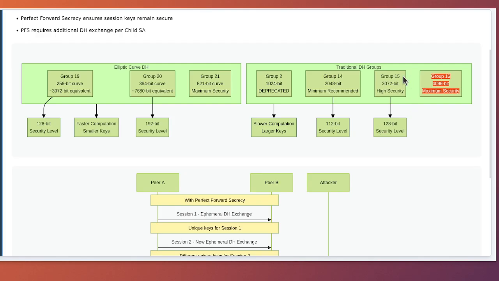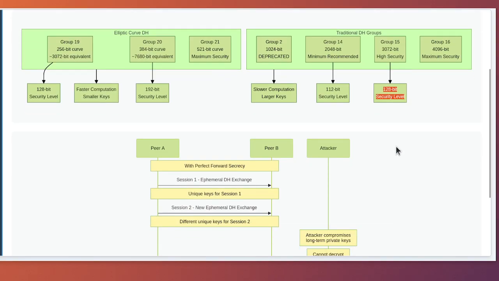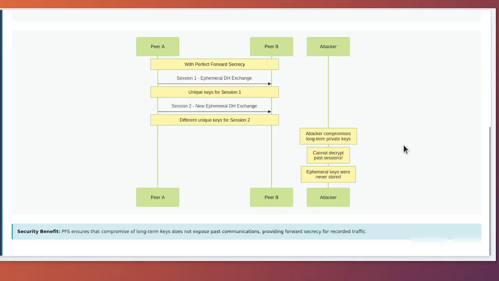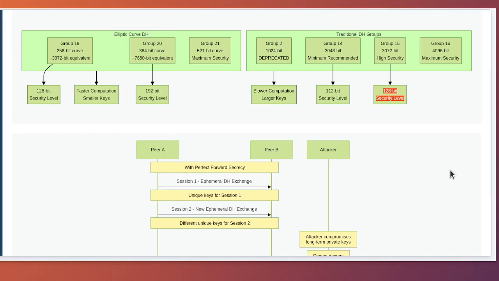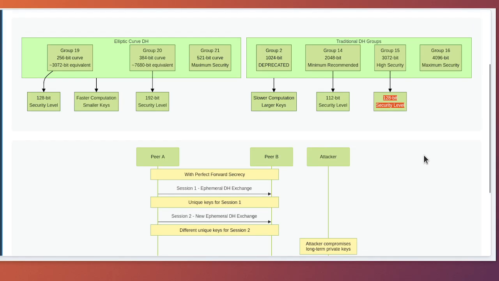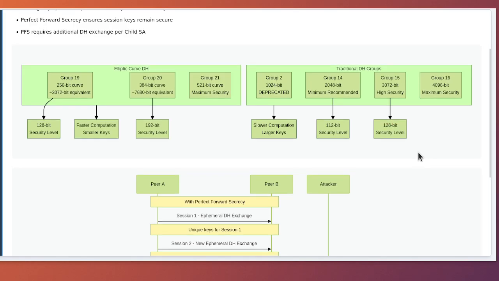Group 15 provides security equivalent to approximately a 128-bit symmetric key, which matches AES-128 and is suitable for most commercial and government applications. Group 16 offers security equivalent to about 150 bits, providing defense against even the most capable adversaries. However, these larger groups require significantly more computational resources, which can impact connection establishment time, especially on lower-powered devices.